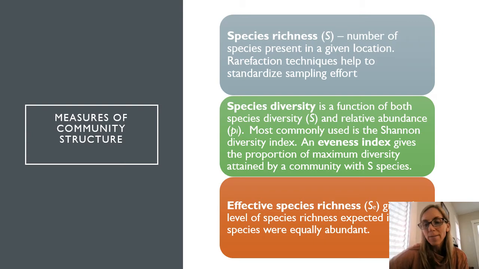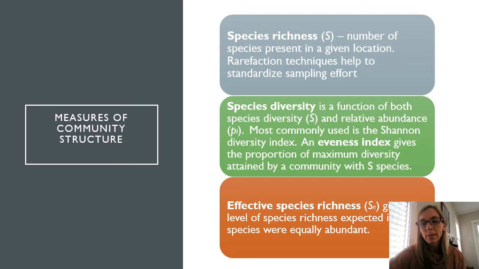So this can be graphically displayed with a species accumulation curve that compares sampling effort with the total number of species. If we're thinking about sampling at a site or patch and comparing that to other sites or patches, it's of course important for us to standardize that sampling effort.